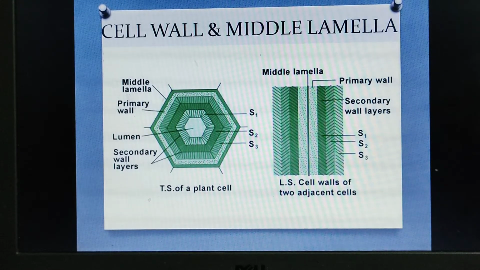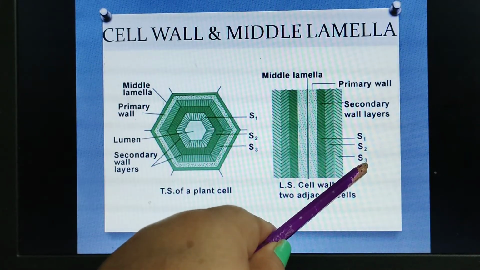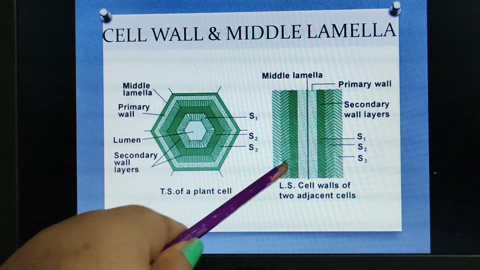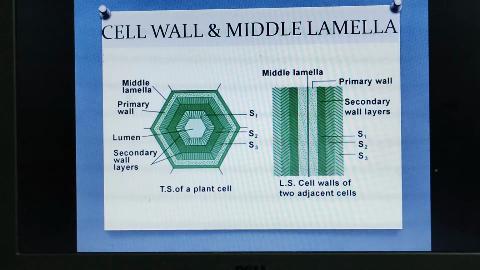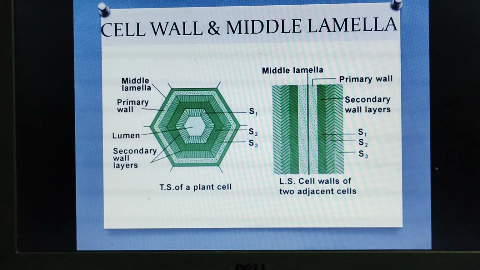Now we have discussed the plasmodesmata. So plasmodesmata are the pores. It means if this is the cytoplasm of one cell and this is the cytoplasm of the other cell, there is a pore, a tube-like communication between the two, through which the cytoplasm are in communication with each other.